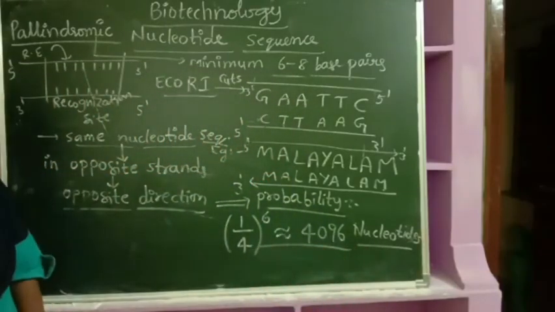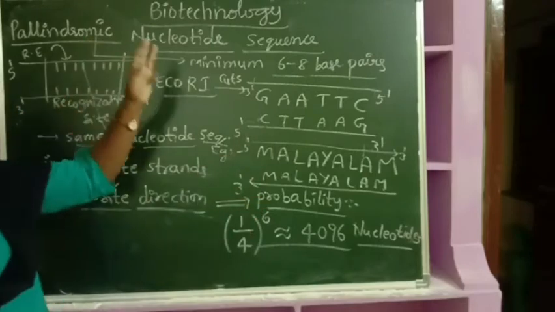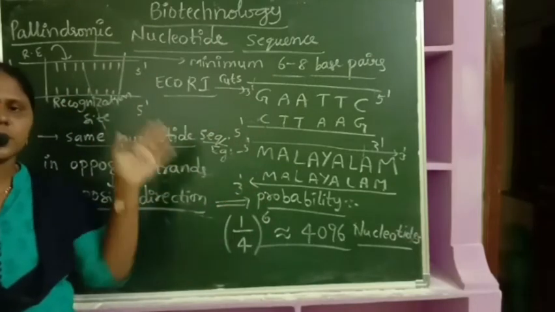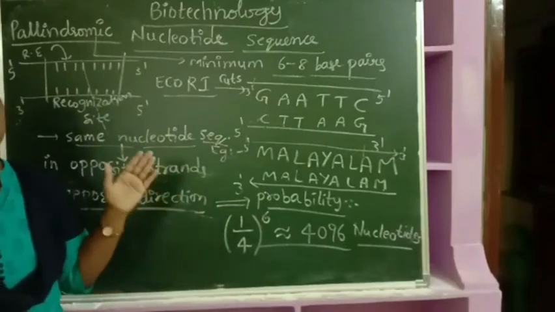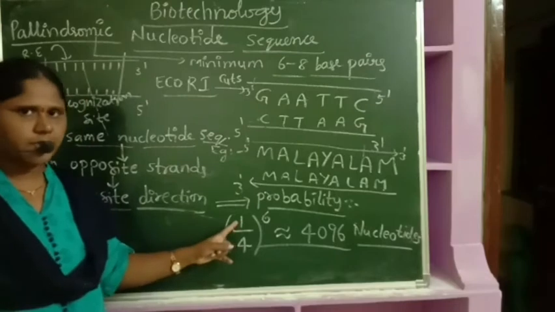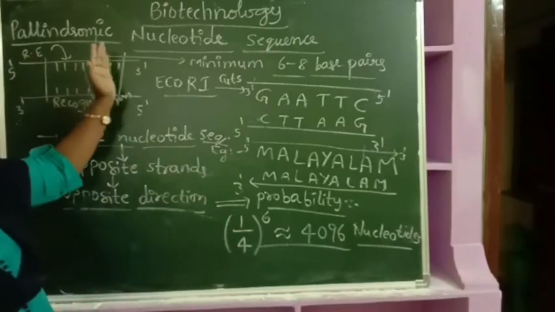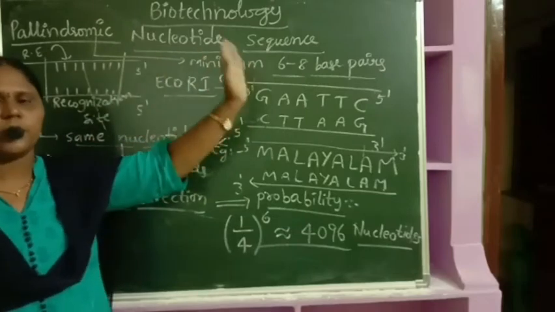What is the meaning of this? What is the probability of a palindromic nucleotide sequence? It means the probability of cutting the DNA at a specific site. For one fragment of DNA, meaning the cut fragment, the DNA can be made into a number of fragments.